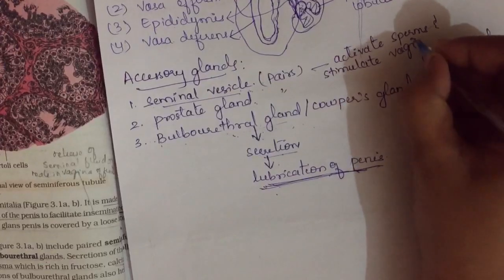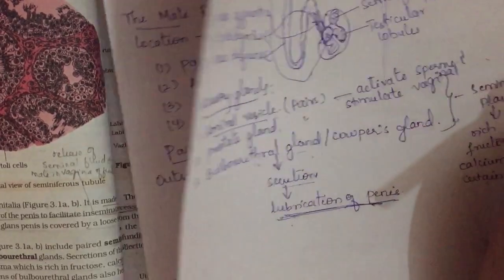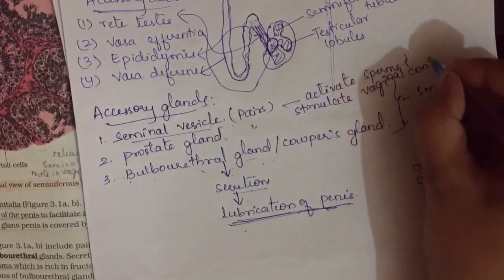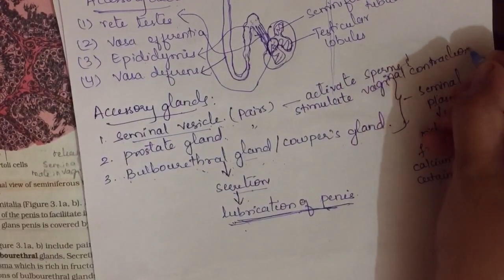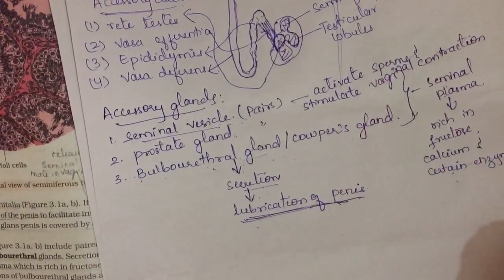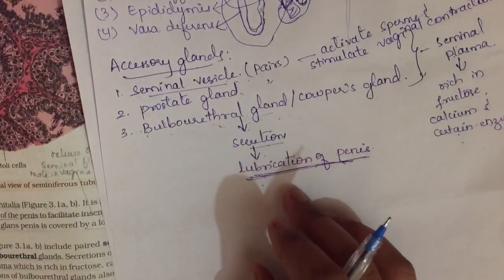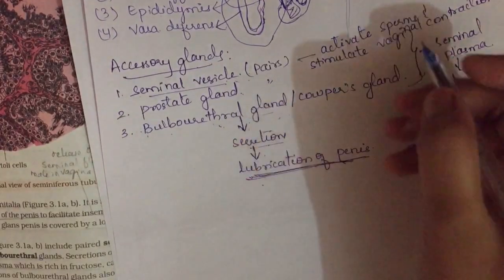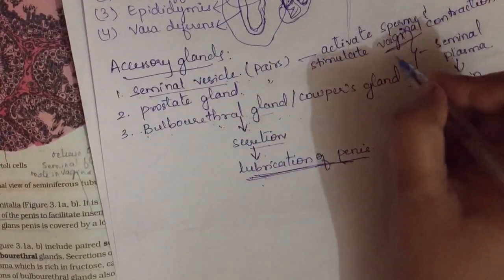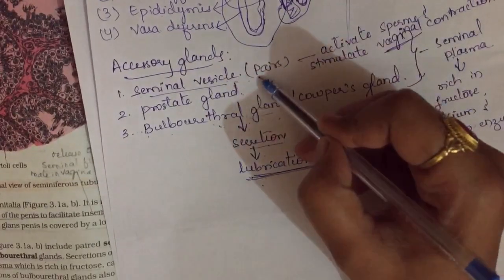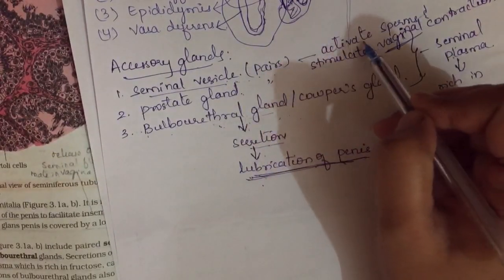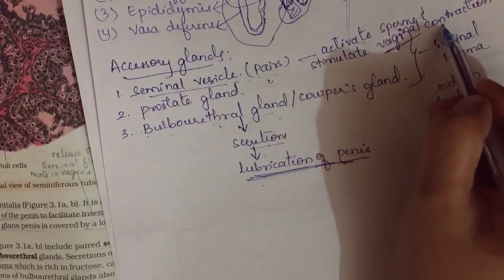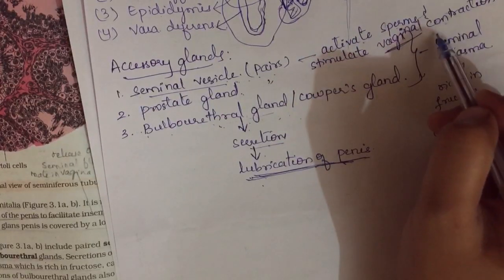Now what is this vaginal? Vaginal is nothing but the vagina, a part of the female reproductive system. When we discuss the female reproductive system, you will understand what this term means. So the seminal vesicle is helpful for activating sperms and stimulating vaginal contraction, so that the vagina undergoes contraction.